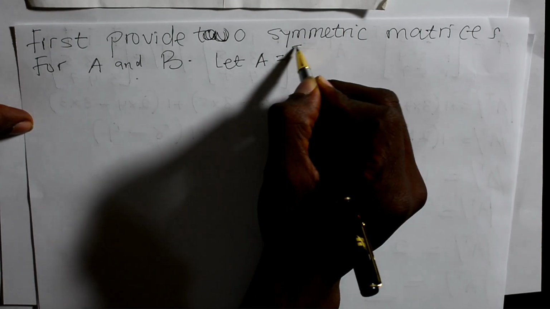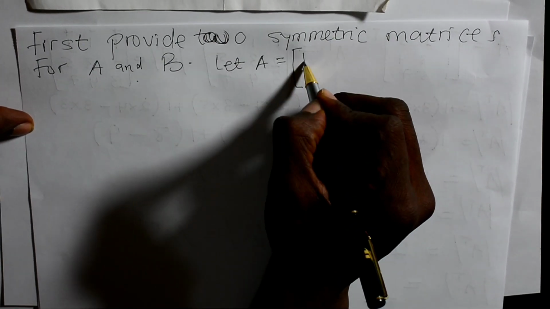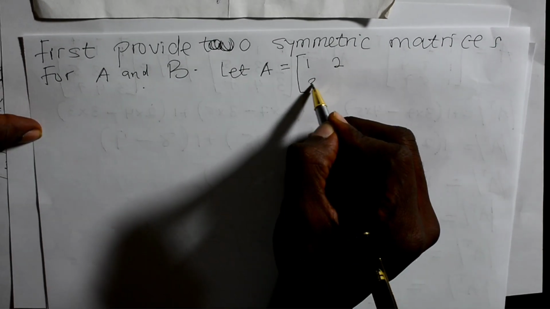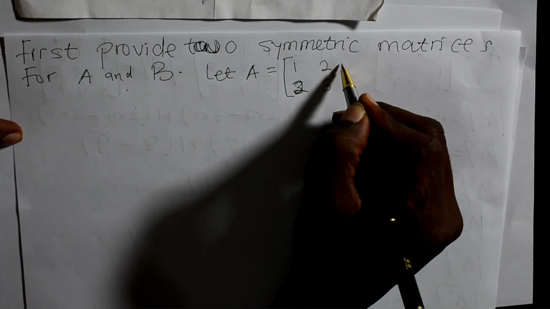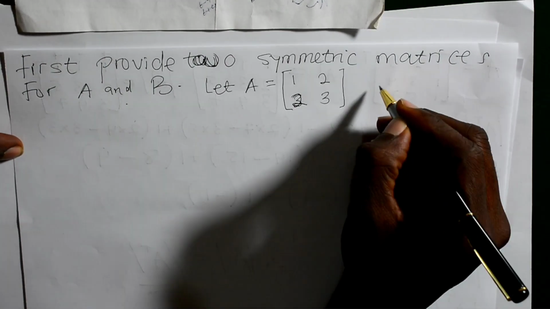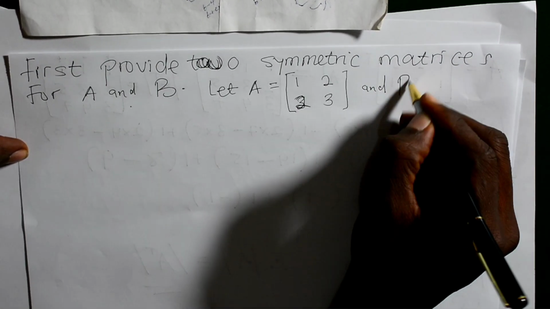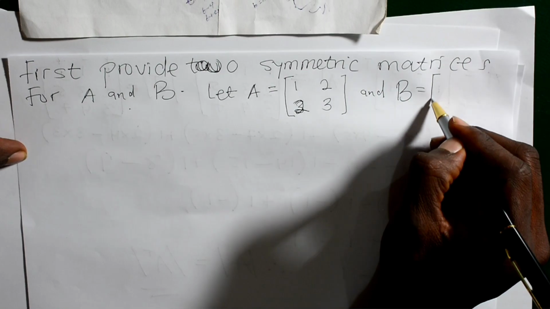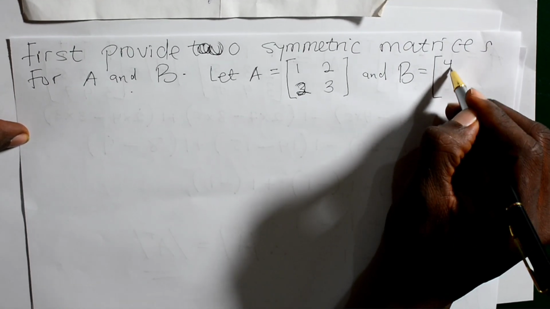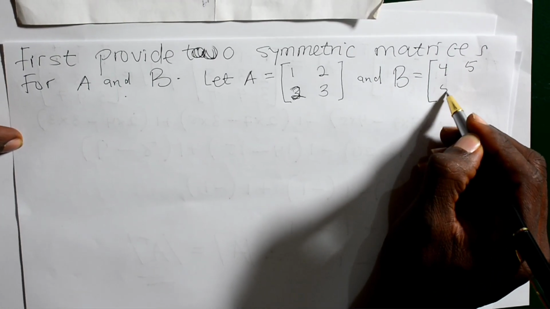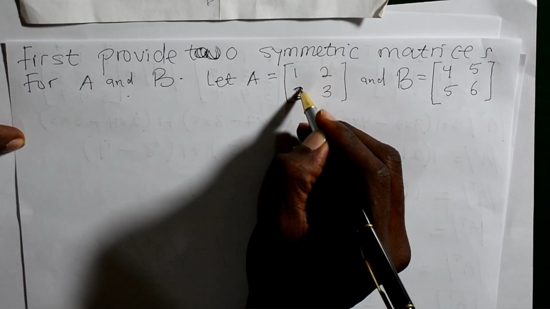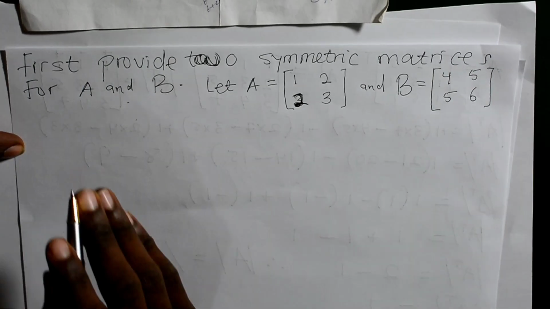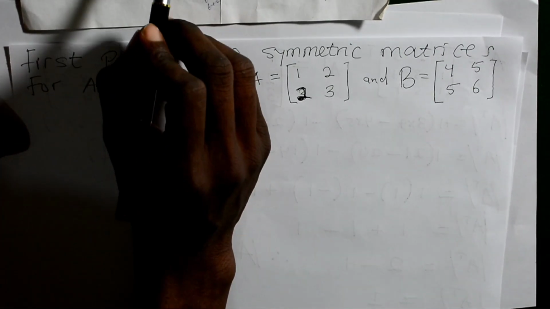So let A be this matrix 1, 2, 2 and 3, and let matrix B be equal to a matrix of 4, 5, 5 and 6, a symmetric matrix.